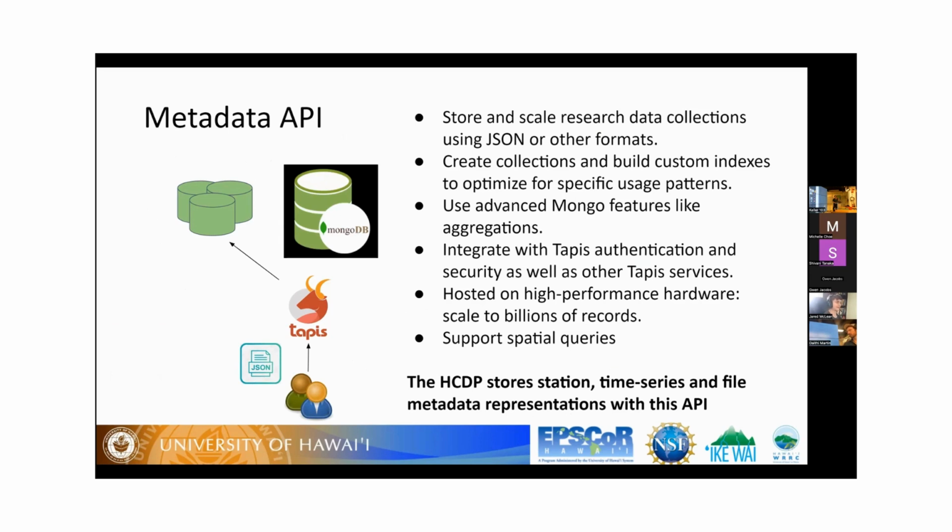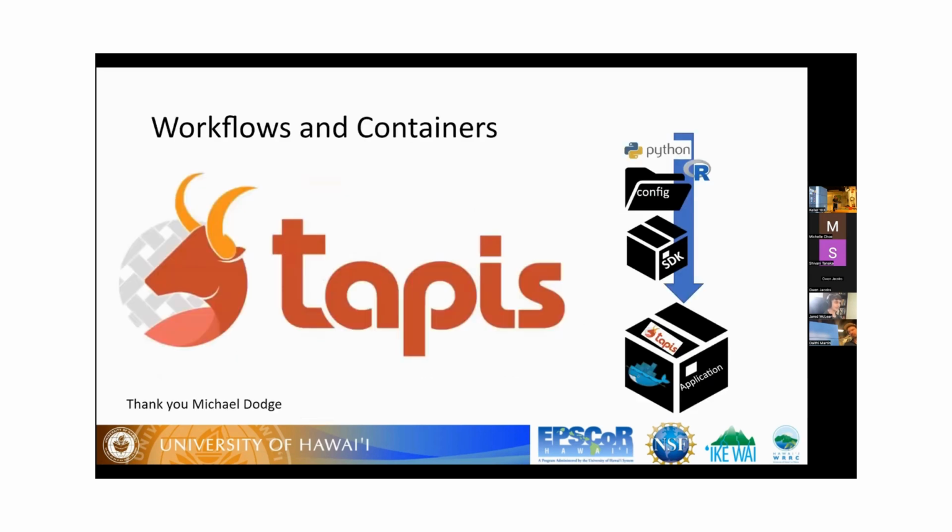You can also query it based on the actual information in it, similar to a traditional SQL database. And it's also been designed to support spatial querying. So if you have geographical data with a latitude and longitude, you can say that you want data that falls in a specific area, and it will retrieve that for you.